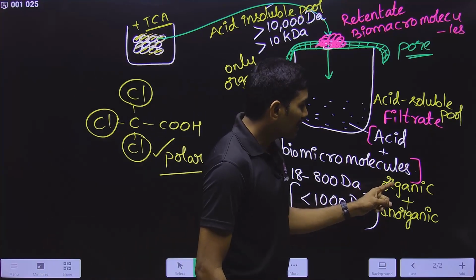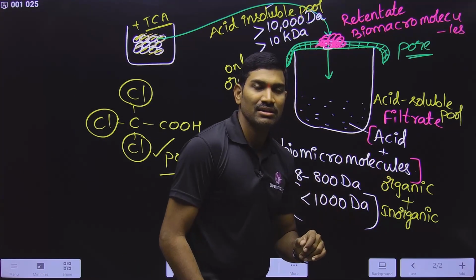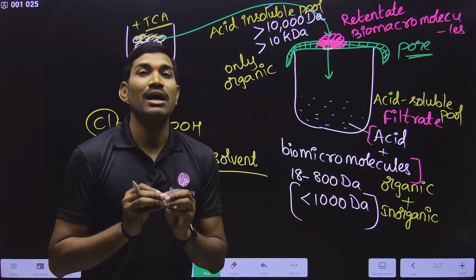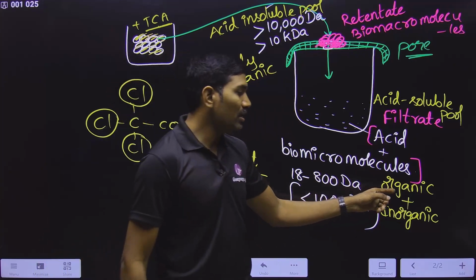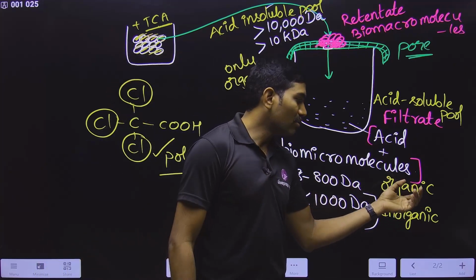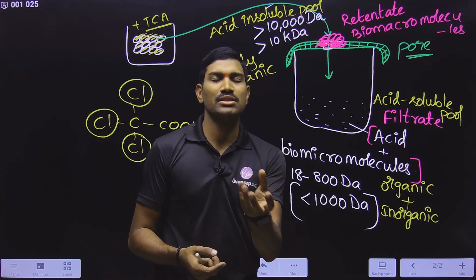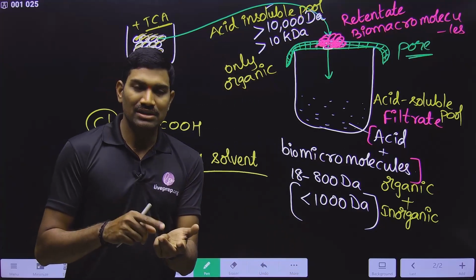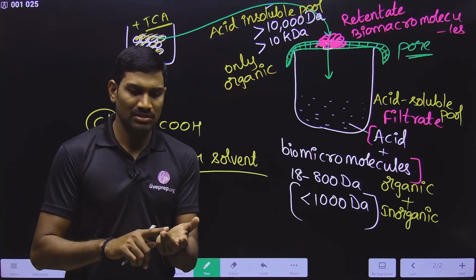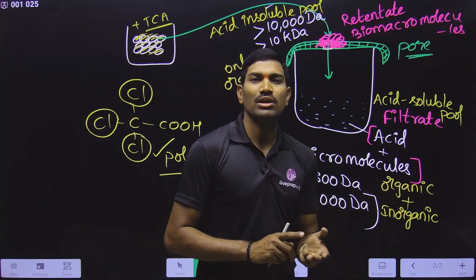What are the organic compounds present in the filtrate? These are all small organic molecules, like simple sugars such as glucose and sucrose. Not only this, individual amino acids are present in the acid soluble pool.